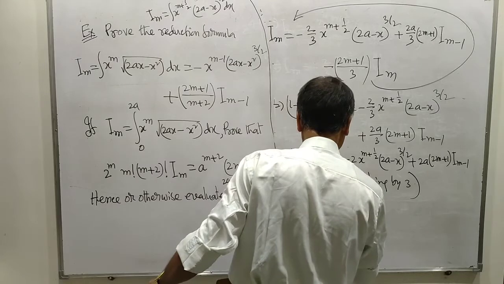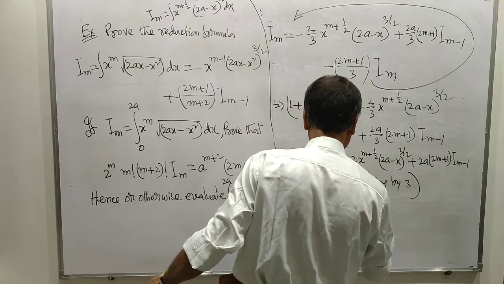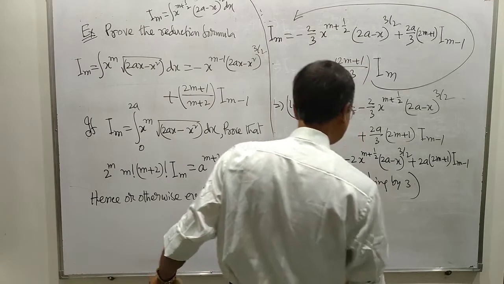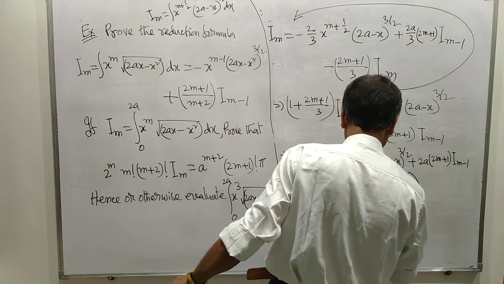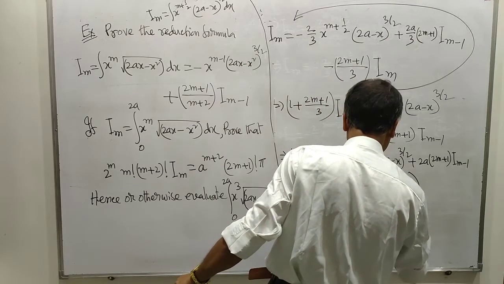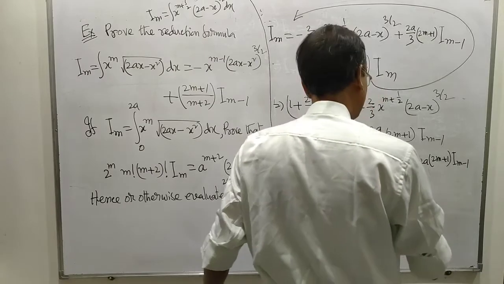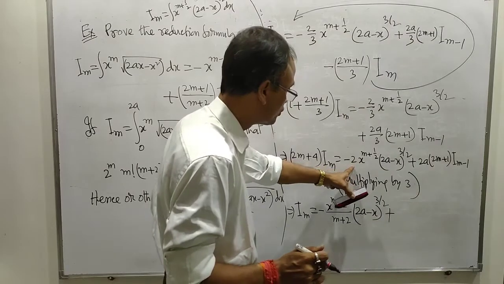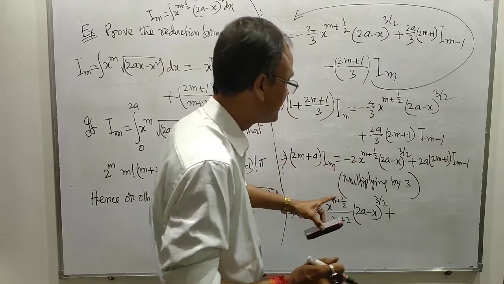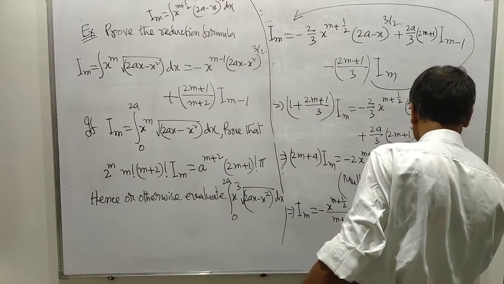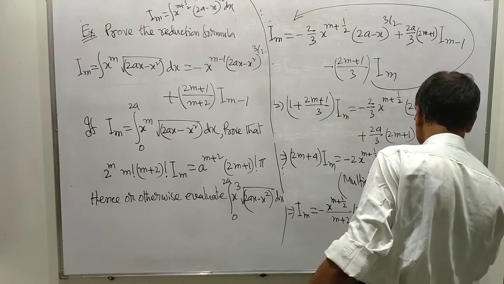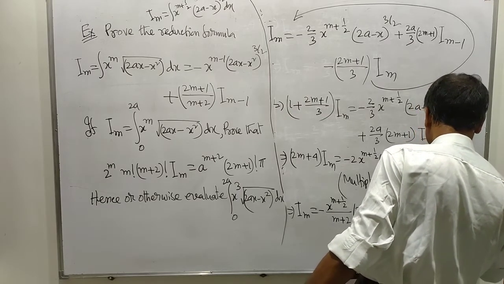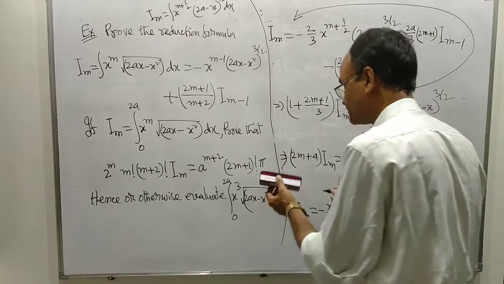I_m will be equal to minus x to the power m plus half divided by m plus 2 into (2a minus x) whole to the power 3 by 2 plus, these 2 cancel, then these 2 will also be cancelled, plus a (2m plus 1) divided by m plus 2, I_(m minus 1).